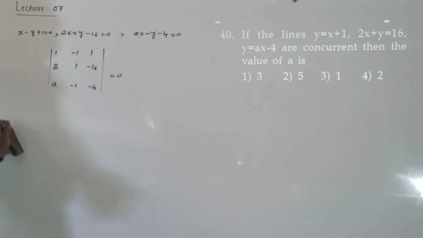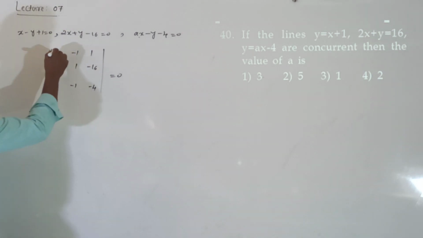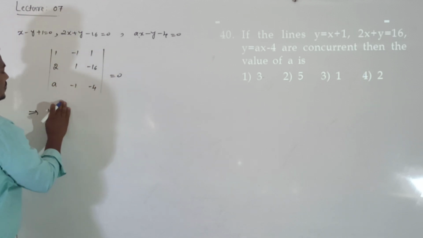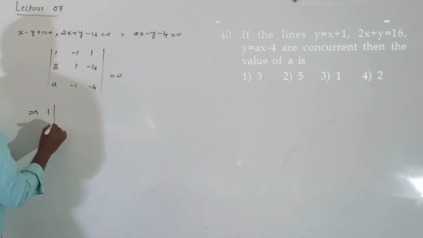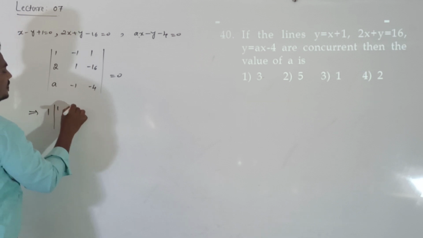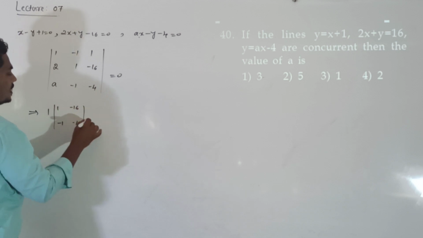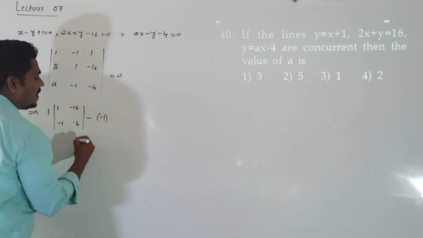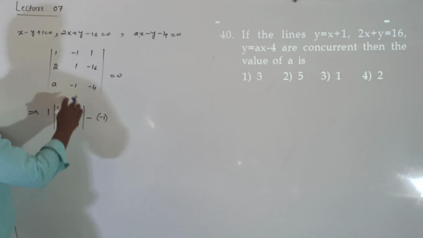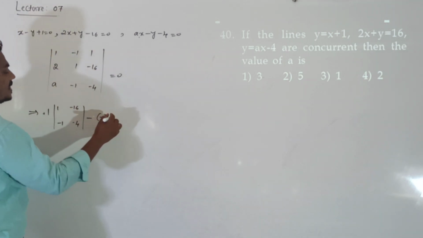Already you know how to expand a 3 by 3 determinant, right? 1 into the determinant remaining after deleting the first row and first column: 1, minus 16, minus 1, minus 4. Minus of the element itself, which is minus 1, with alternating signs, positive then negative.